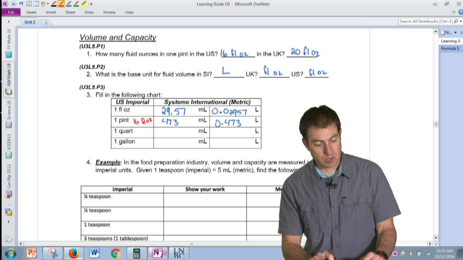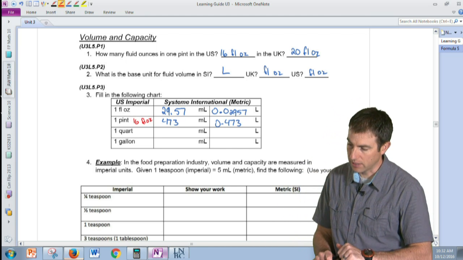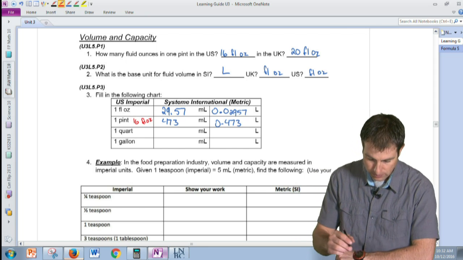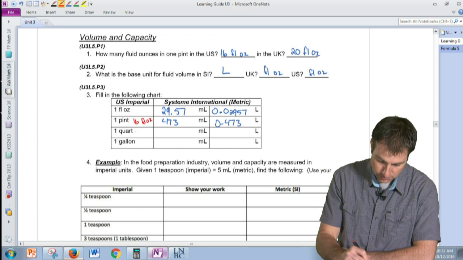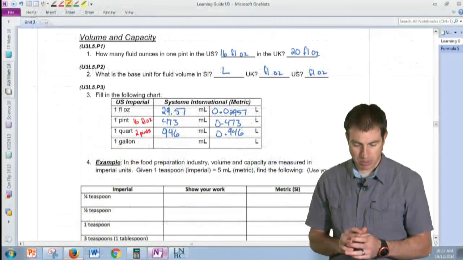In the imperial system, they have ounces, they have pints, and then the next thing from a pint is a quart, and a quart is 2 pints. So it's just double what we had before, so 946 milliliters, or 0.946 liters. So a quart is really close to a liter, just a little bit smaller than a liter.